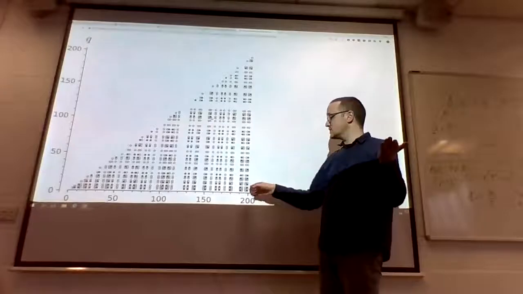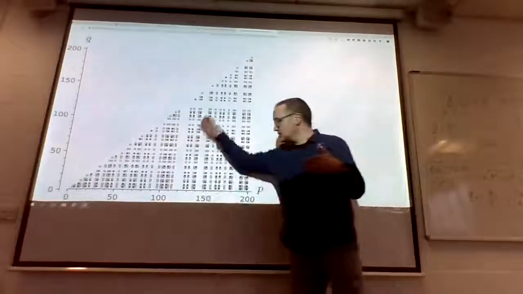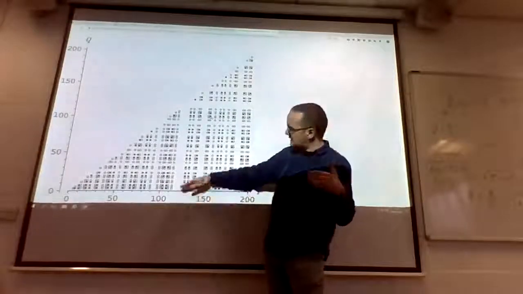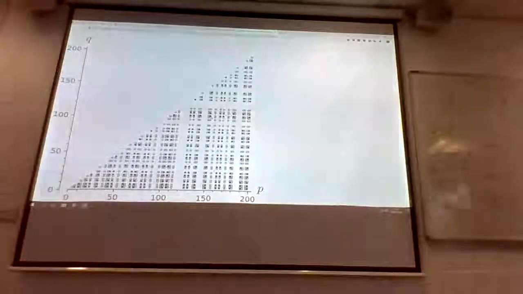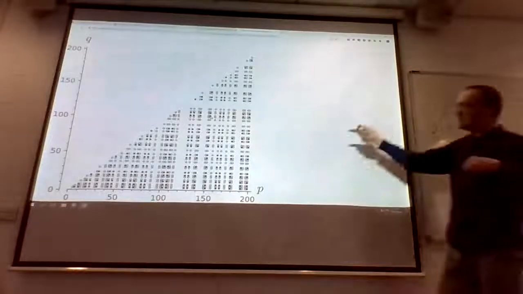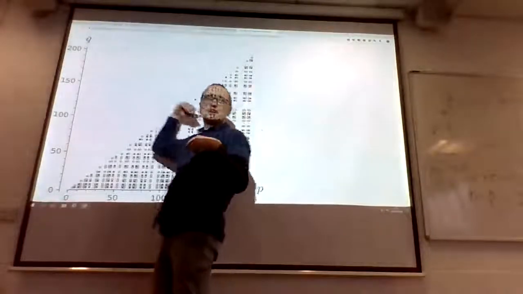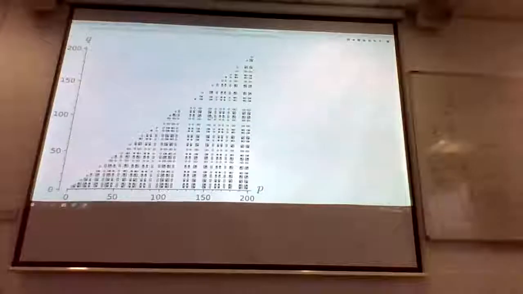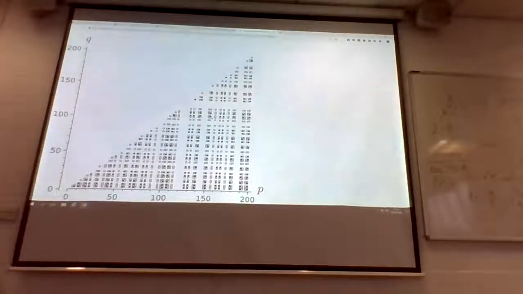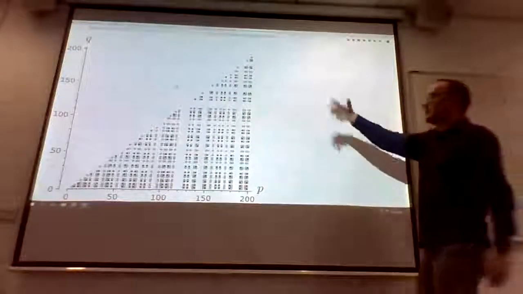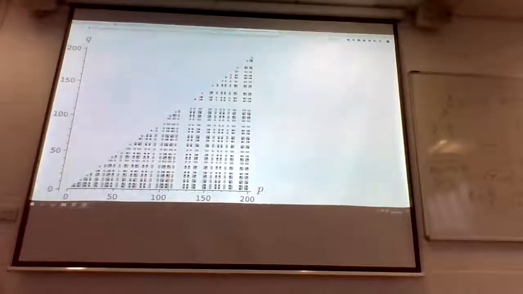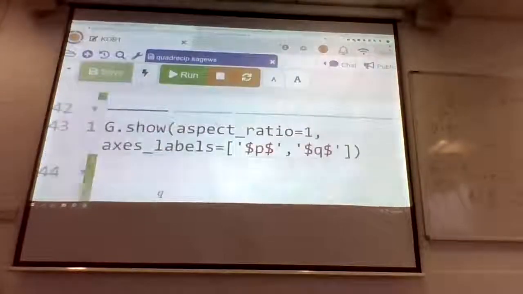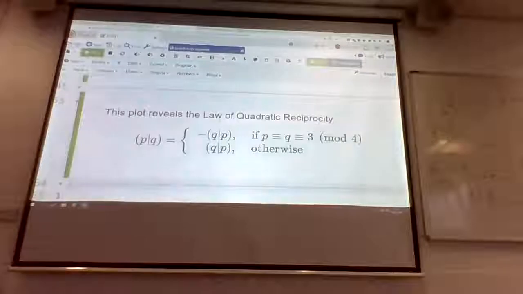So it's only when both those conditions hold, when you're at the column at position 3 mod 4 and at the row at position 3 mod 4, that you've got a filled circle. Otherwise, you've got a white circle indicating that the values are the same. So when you inspect closely and try to describe what's happening modulo 4 here, you arrive at the statement of quadratic reciprocity, which is this equation here.